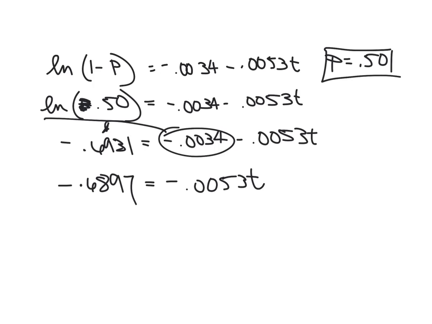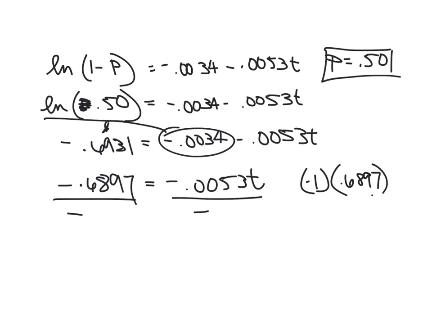Now I want to change these to positive. I just change them both to positive. Actually, just so you know why it's okay to do that, I'm dividing both sides by a negative. So negative 0.6897 times negative 1 gives me this here.